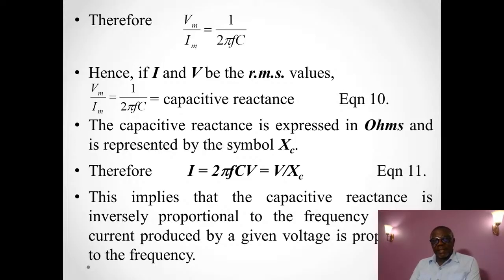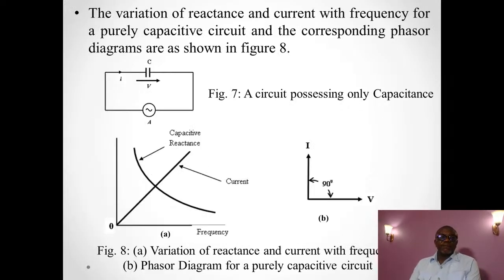This implies that the capacitive reactance is inversely proportional to the frequency and that the current produced by a given voltage is proportional to the frequency. The variation of reactance and current with frequency for a purely capacitive circuit and the corresponding phasor diagrams are as shown. If you look at Fig 8a, you can see that it is the opposite of what happens in the inductive circuit.